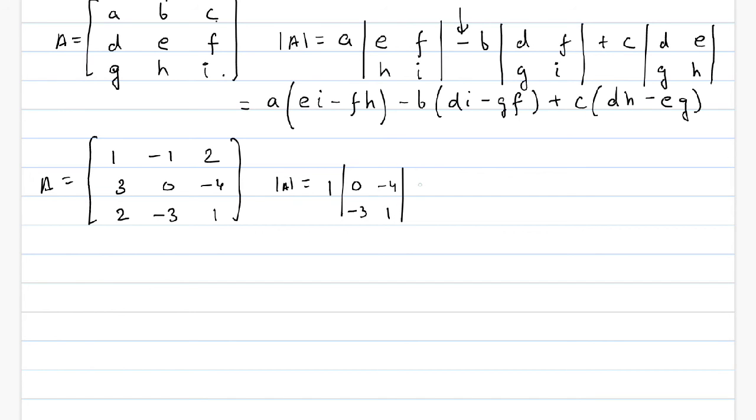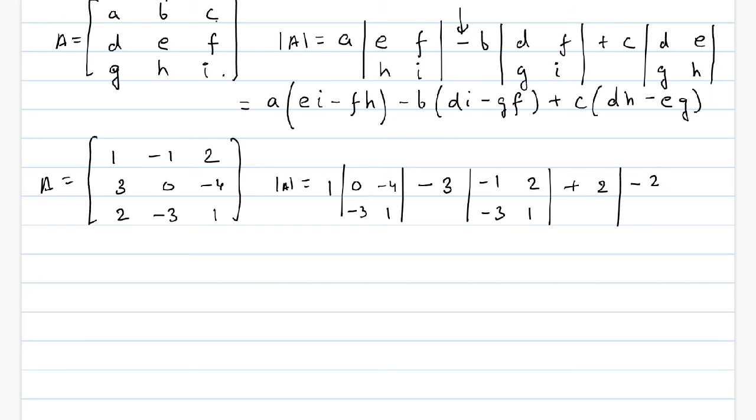Then we'll have minus our second element, that is 3. Then we hide its row and its column. So we get minus 1, 2, minus 3 and 1. Then we'll have plus 2 and we hide that row and that column.